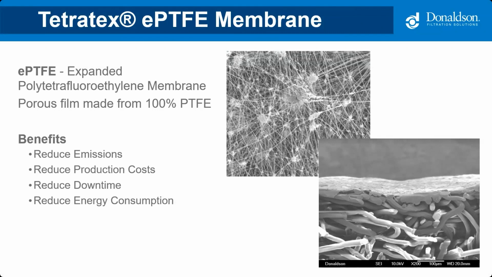So again, make sure you know your dust, talk to your rep, make sure it's the right application. Also, if it's very abrasive, you wouldn't want to use an EPTFE membrane because it would abrade it off. But in the right application, it's a fantastic product.